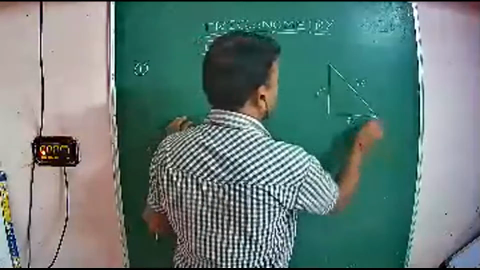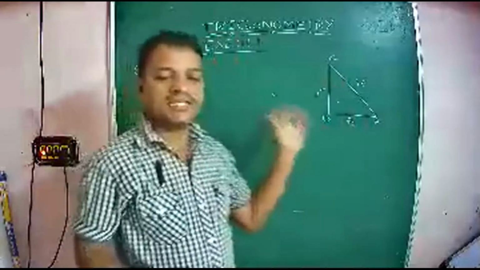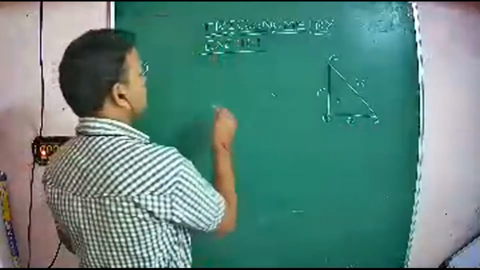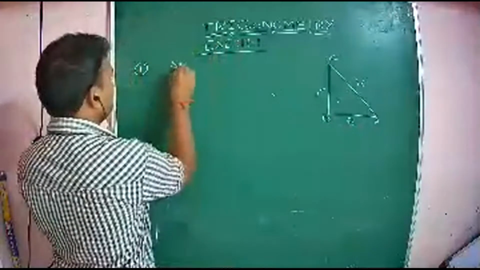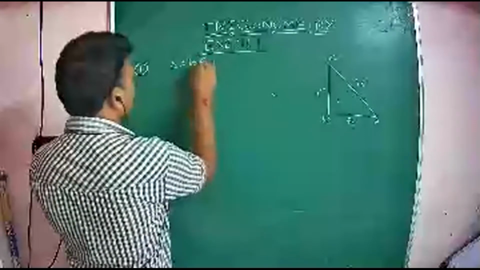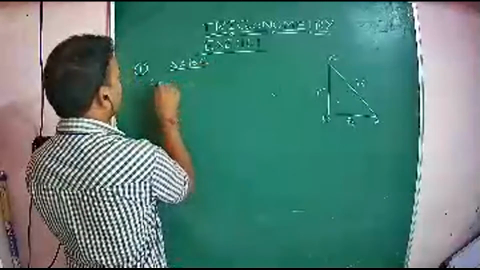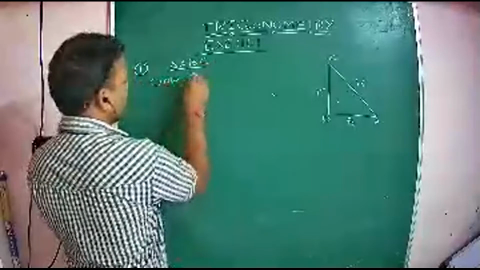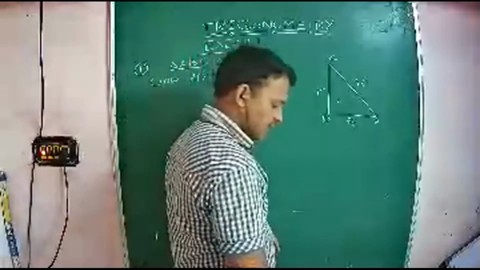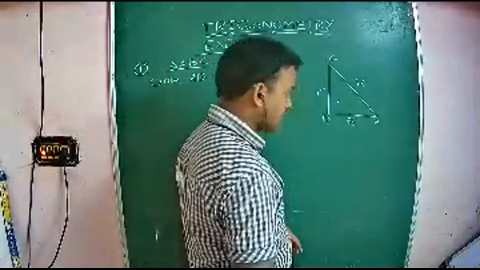Now here they are considered as ABC. The three lengths are already given. In triangle ABC, we are given AB value is 8, BC value is 15 and CA value is 17.